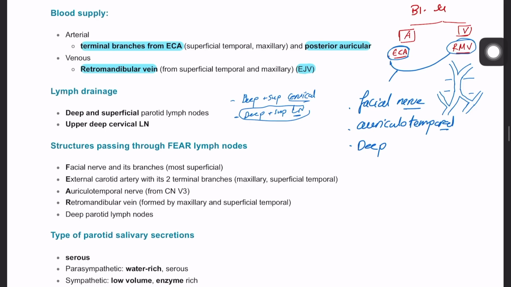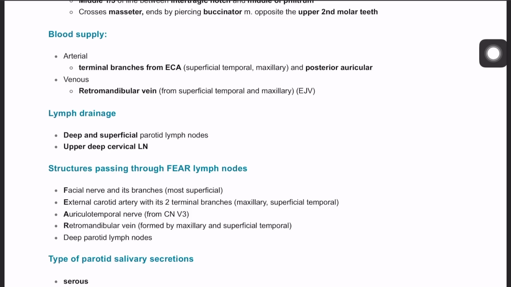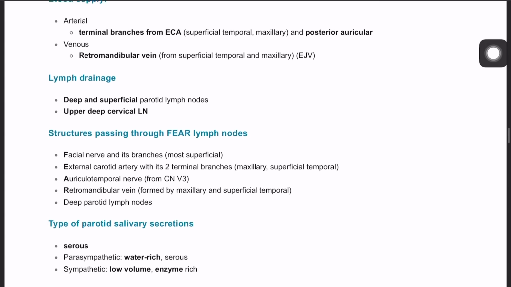The way you can remember it is SPHERE: the facial nerve, the external carotid artery, the auriculotemporal nerve, the retromandibular vein, and also the deep parotid lymph nodes.